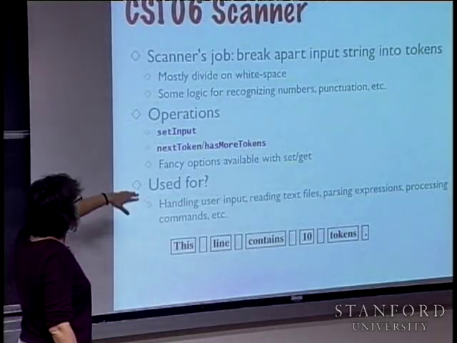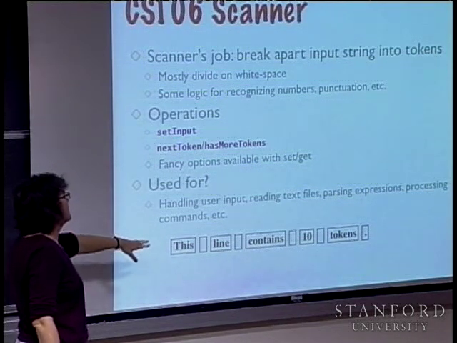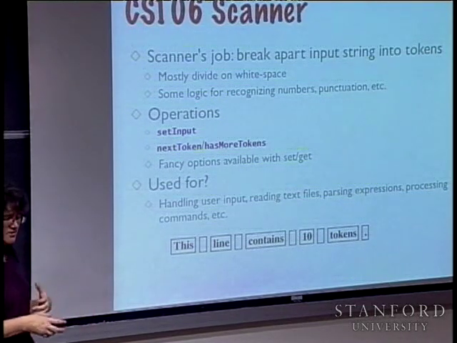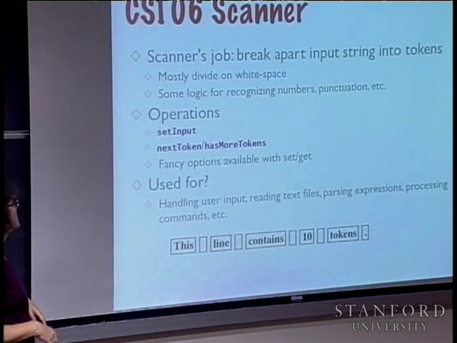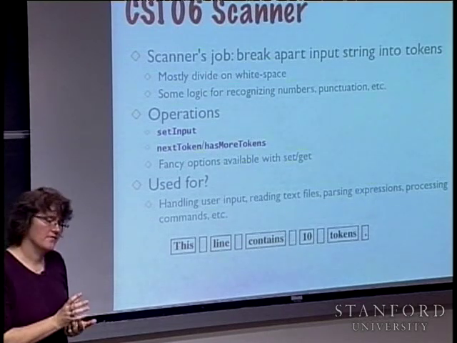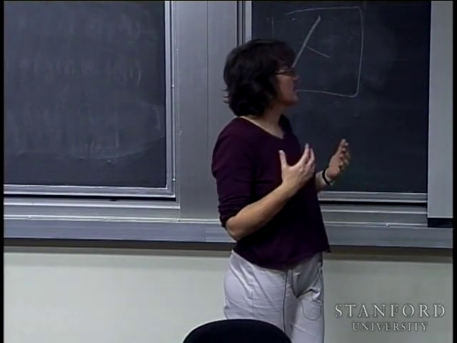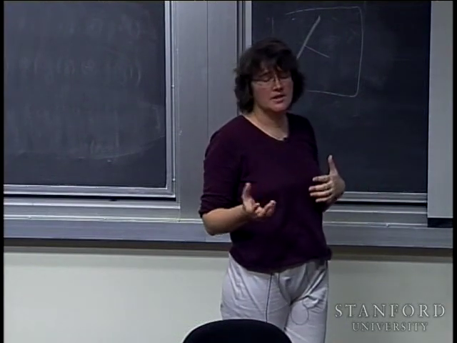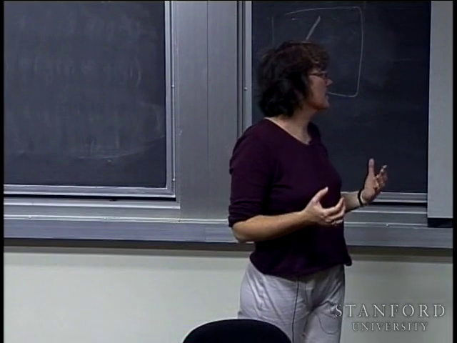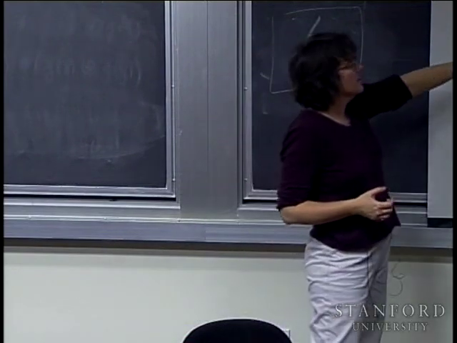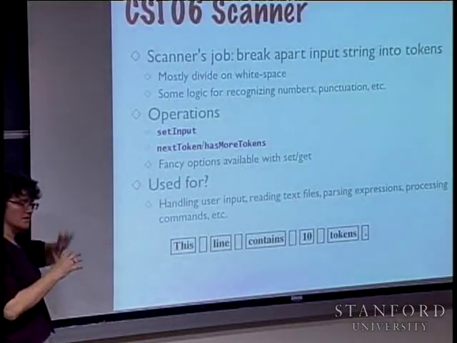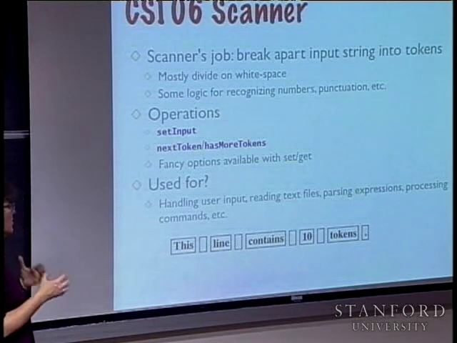Okay. It has fancy options, though, that let you do things like discard those space tokens because you don't care about them, to do things like read the fancy number formats. So it can read integer formats and real formats. It can do the real format with exponentiation in it, with leading minuses, things like that, that you can control with these setters and getters, like what it is you want it to do about those things.